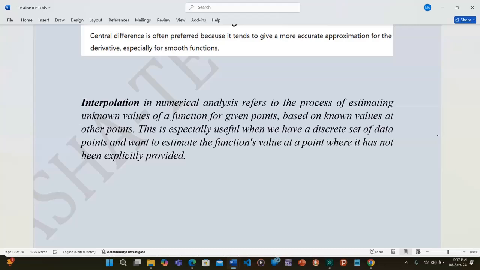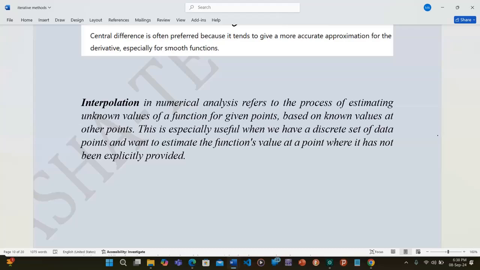You can be given that the function has a value at this value of x, and a value at this other value of x. Then, in between them or outside those points, they ask you what is the value of the function at x is equal to this. Then you can carry out the interpolation based on the method that you have been recommended to use. You will be able to determine the values of the function.